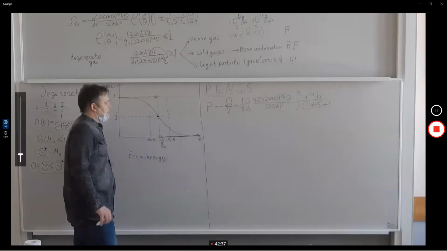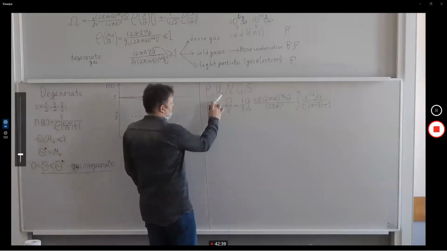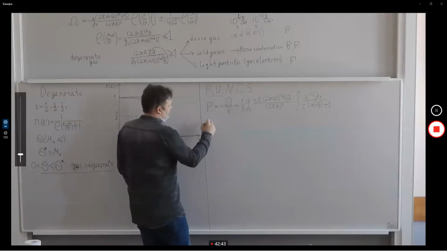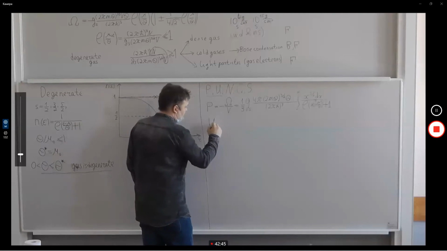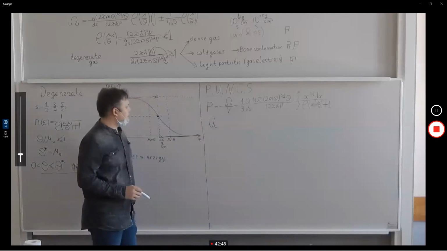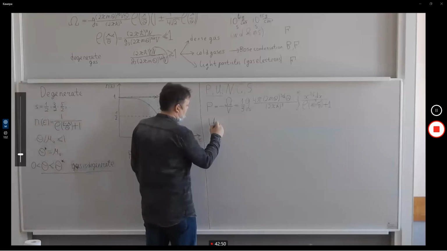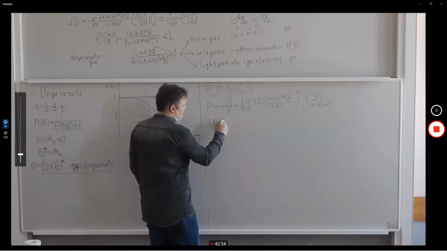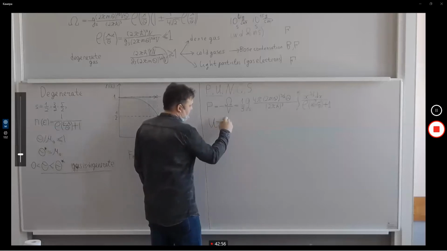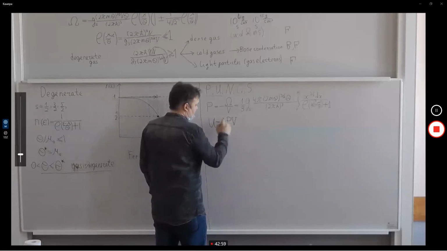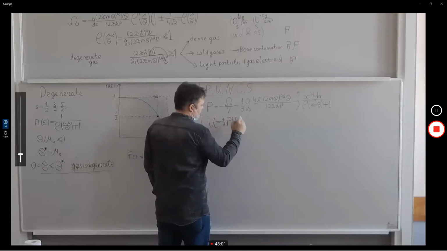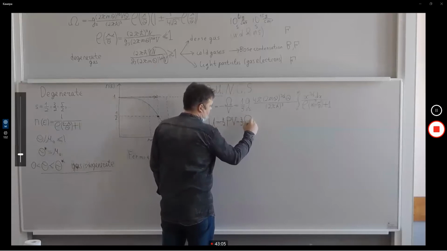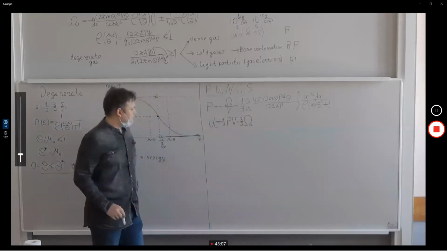In case of internal energy, we have another relation. U equals 3/2 of PV, or minus 3/2 of omega.